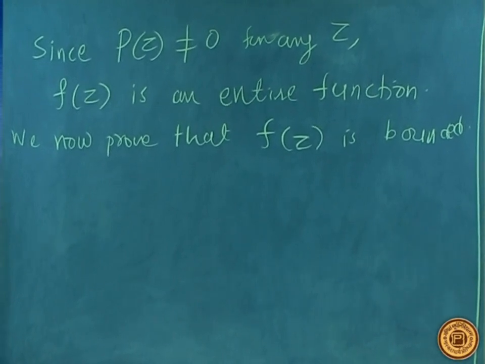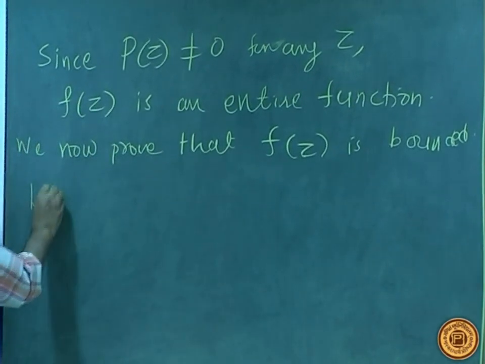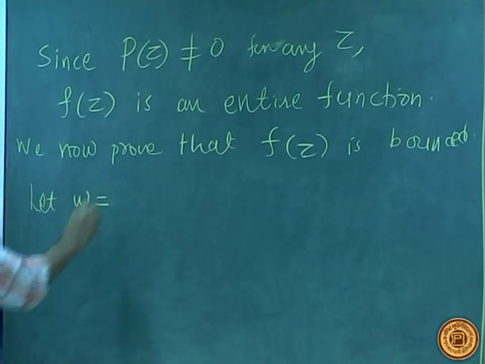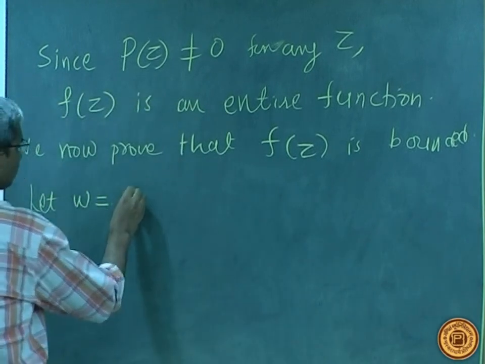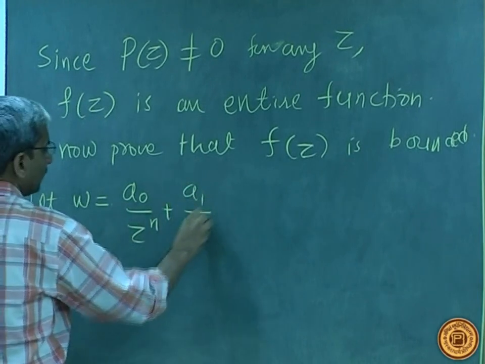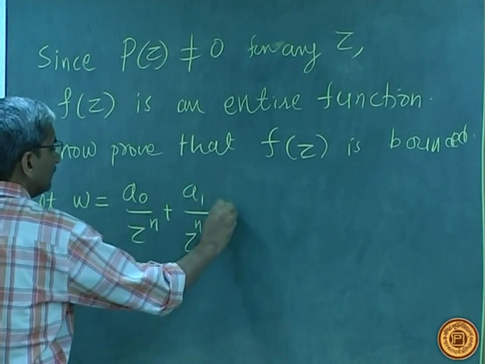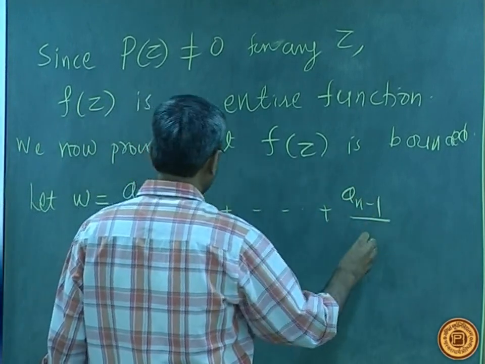Now let w equal to a naught upon z to the power n plus a1 upon z to the power n minus 1 up to a n minus 1 upon z.